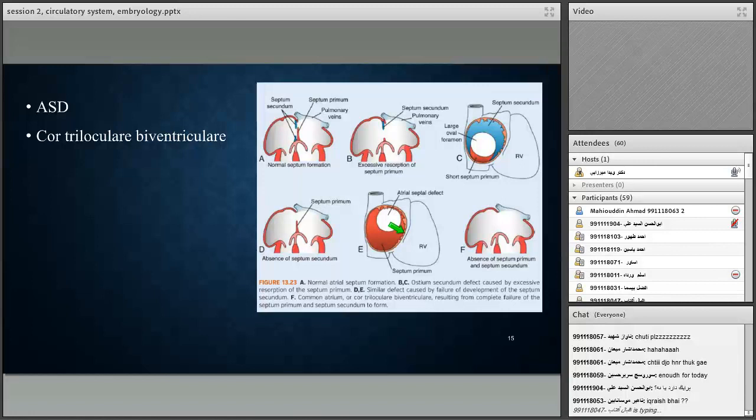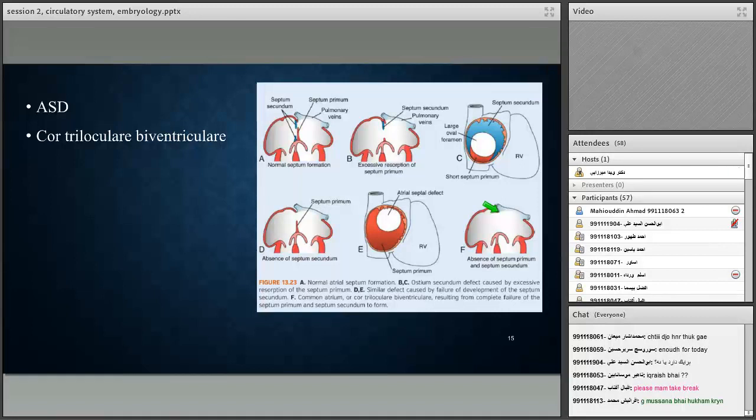The most serious abnormality in this group is the complete absence of the atrial septum.